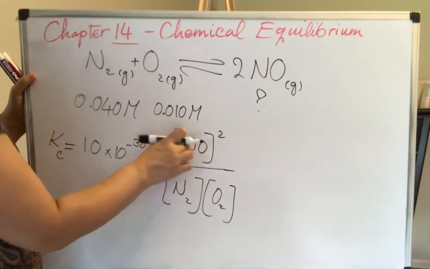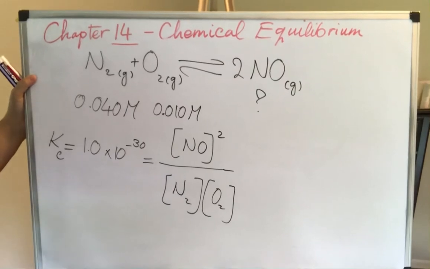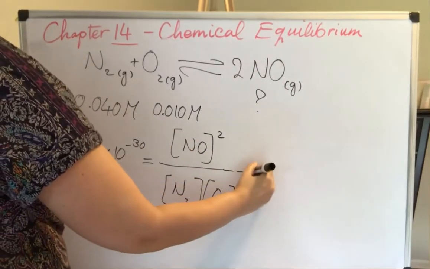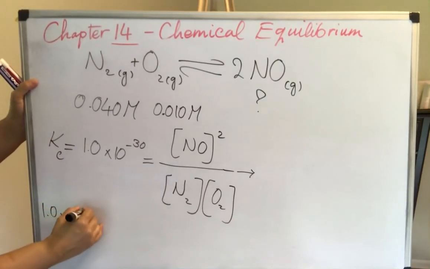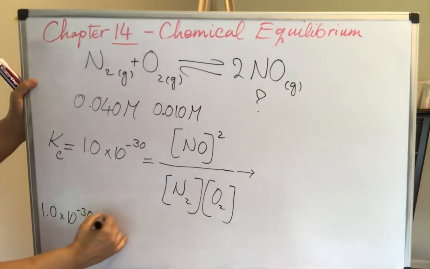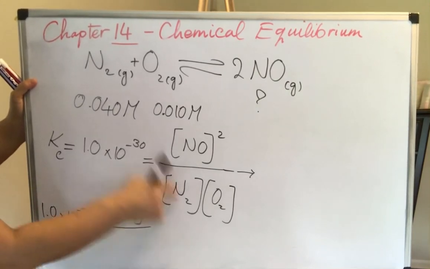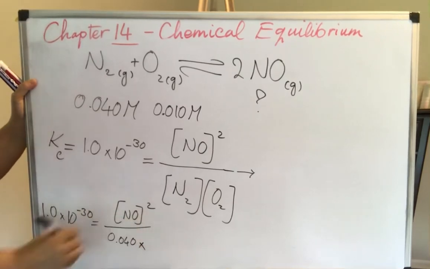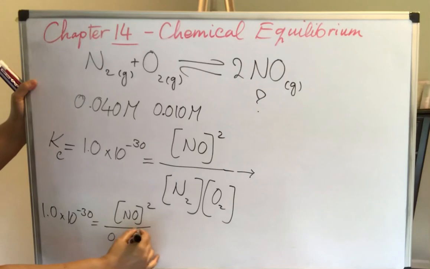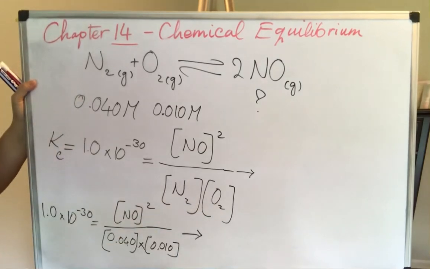So we are solving for NO. 1 times 10 to negative 30 is NO squared divided by the equilibrium concentrations, 0.040 times 0.010.